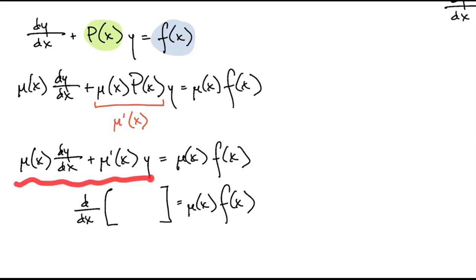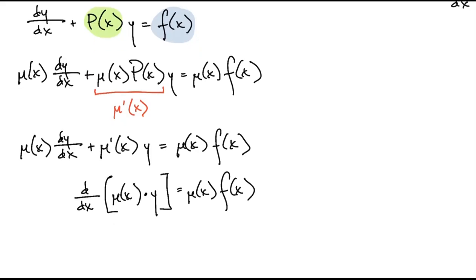What did you start with to get this as your product? Mu of x. Yeah, turns out we took the product of mu of x and y, and we took the derivative of that. So let's write mu of x times y.